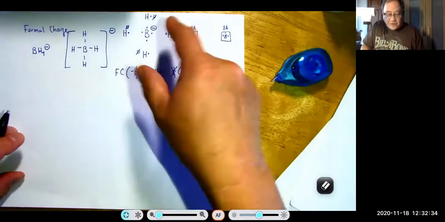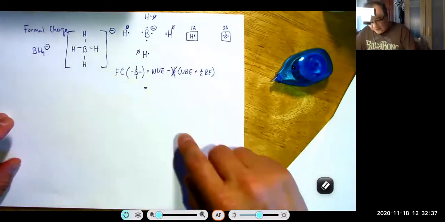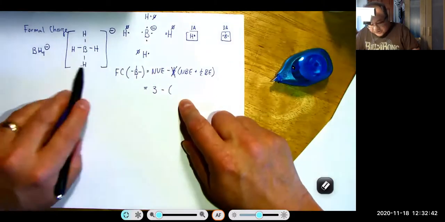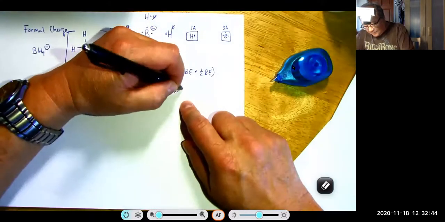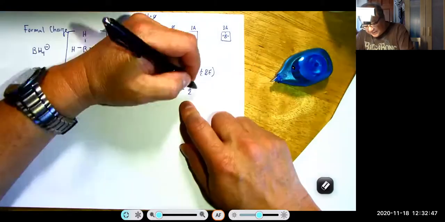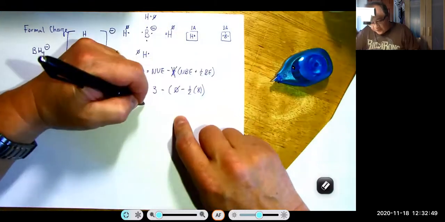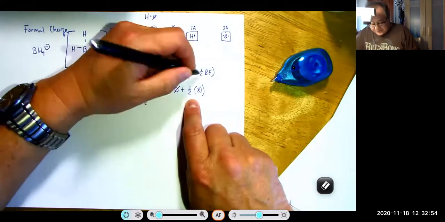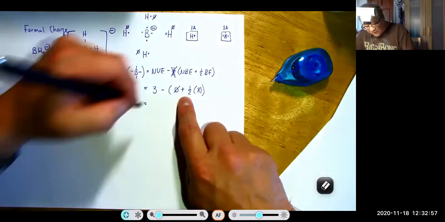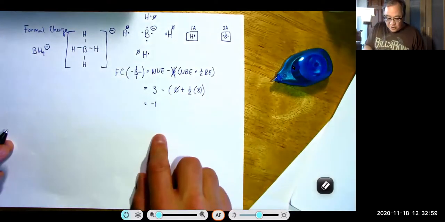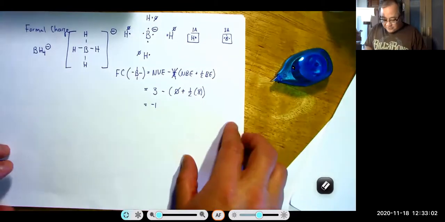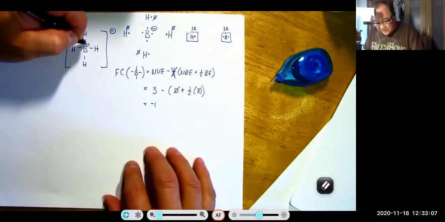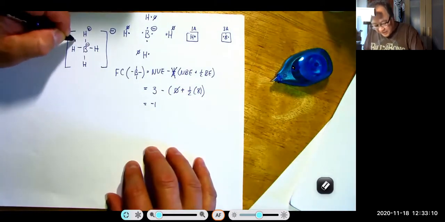I just like deconstructing it and comparing. Boron has 3 valence electrons, the non-bonding electrons here are 0, and the bonding electrons are 8. So you get 3 minus 4, which is -1. I won't show you the formula way for doing the hydrogen. You can figure that one out. But either way you slice this, you get a -1 on the boron and a 0 on each hydrogen.